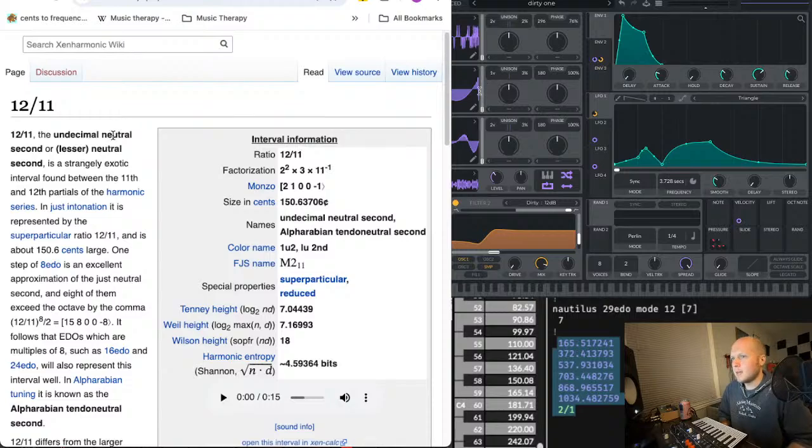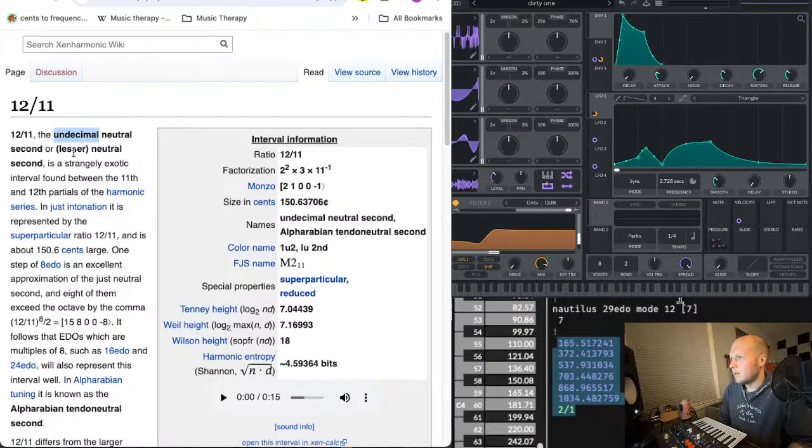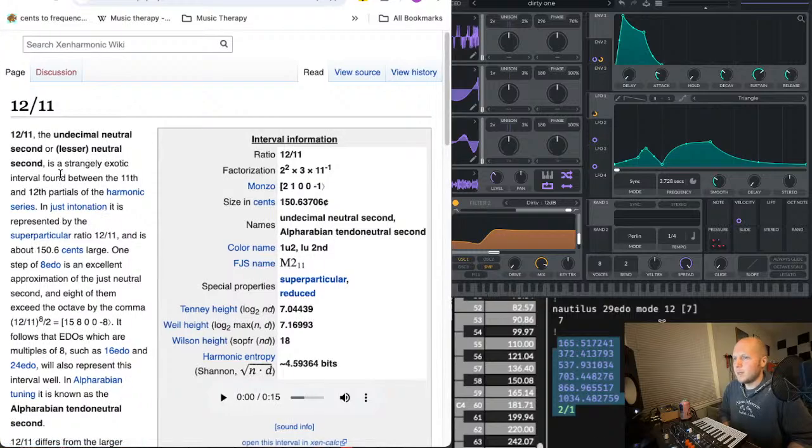And when we are talking about 11 limit intervals, we'll usually use this word undecimal in reference to those. It says here it's also known as the lesser neutral second. That has nothing to do with the limit. There's just another neutral second that is probably already in a lower harmonic. I'm not sure about that. It might be a higher harmonic, actually.